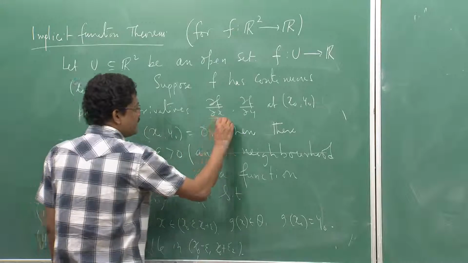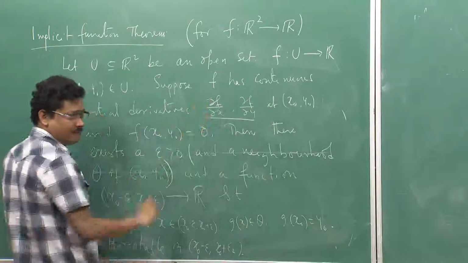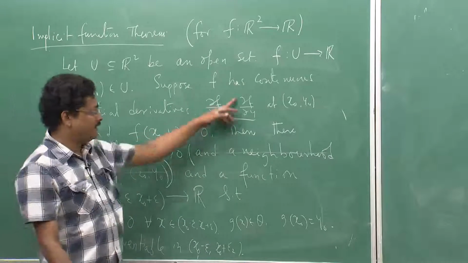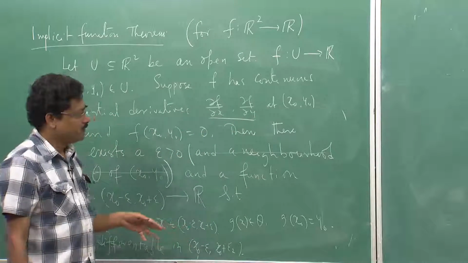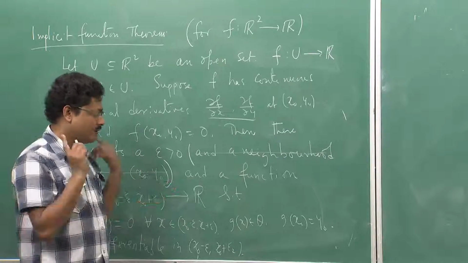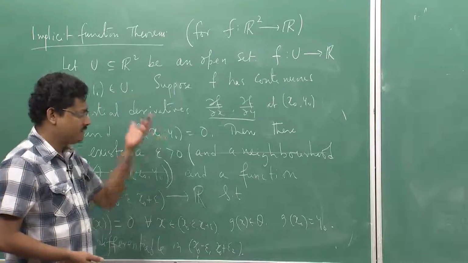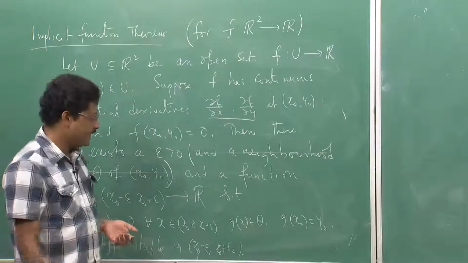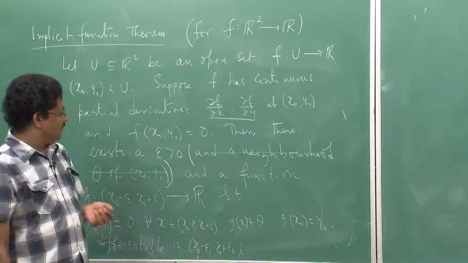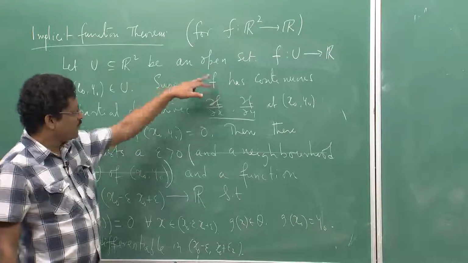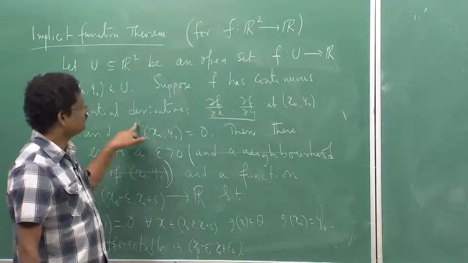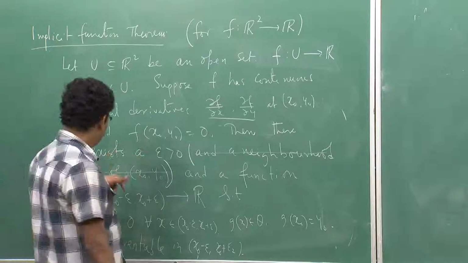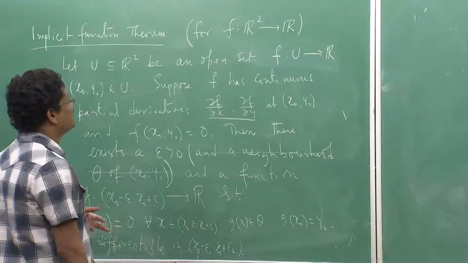This continuity is needed at x naught y naught to maintain the same sign of del f del x or del f del y, so that in a neighborhood, for a fixed x, f of x, y is a strictly increasing or strictly decreasing function of y, and non-zero. Oh, I have not put this assumption this way, somehow I missed one assumption.